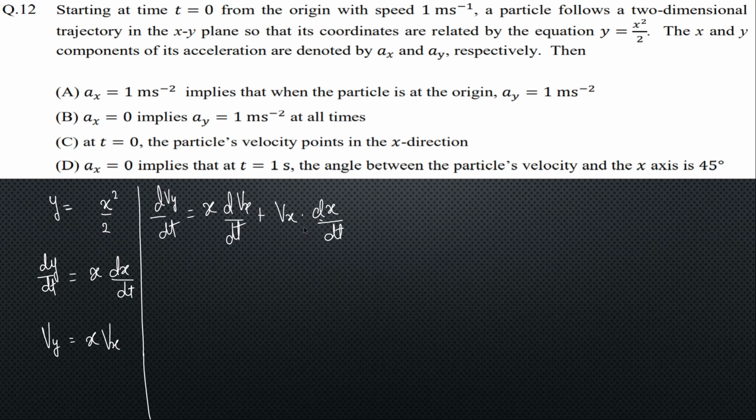Okay, so this would be vy, this would be ay, dy by dt is ay, equals to x ax plus vx whole square.